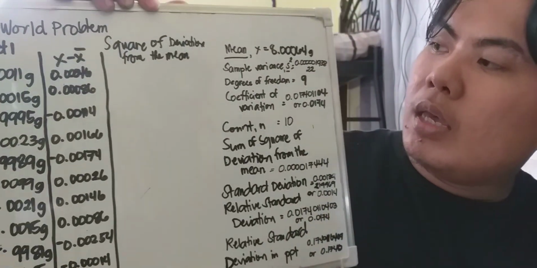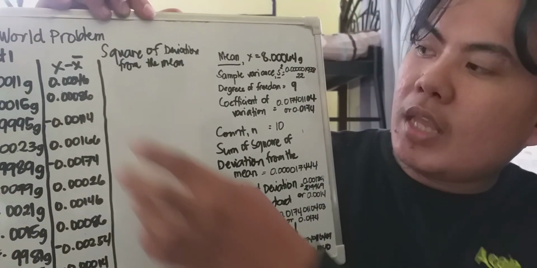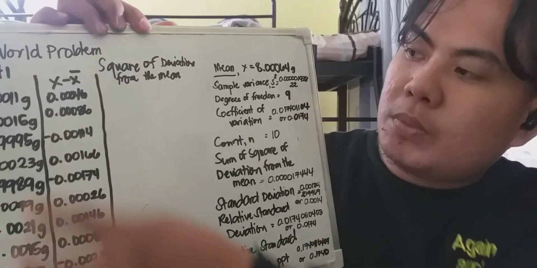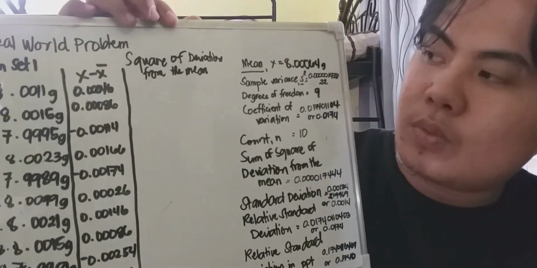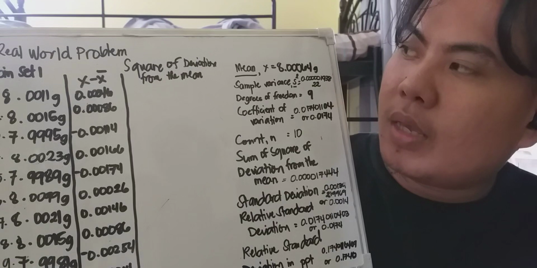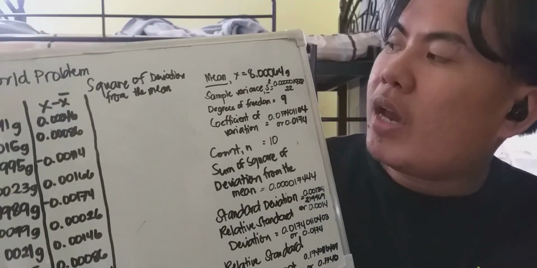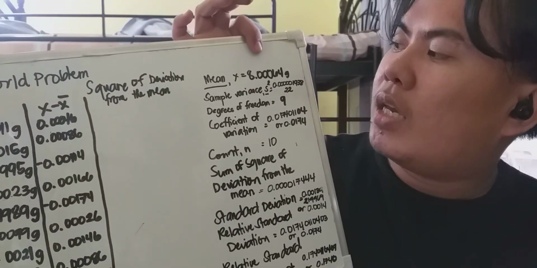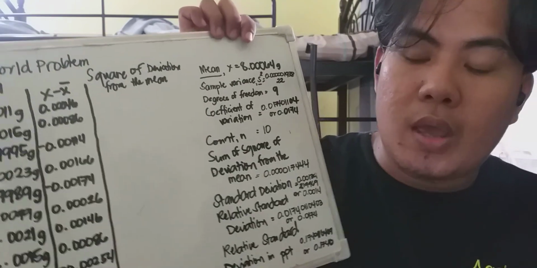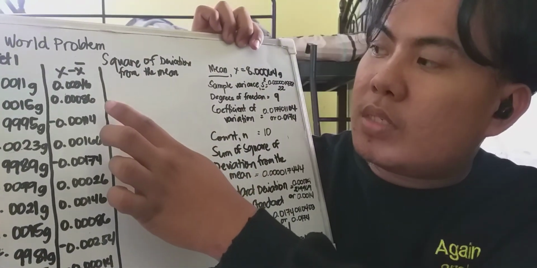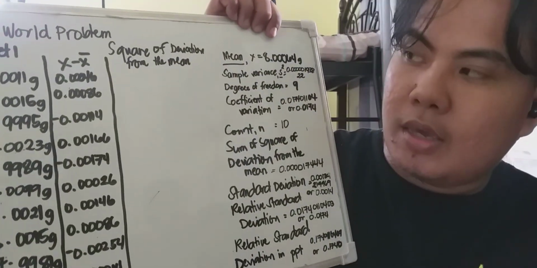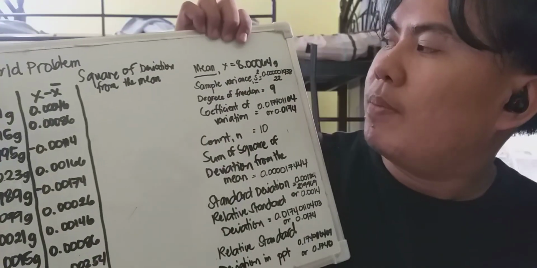To get this result, we need to subtract. 8.0011 grams, our first measurement in our first coin, minus the mean, which is 8.00064. So we will be getting 0.00046 grams.